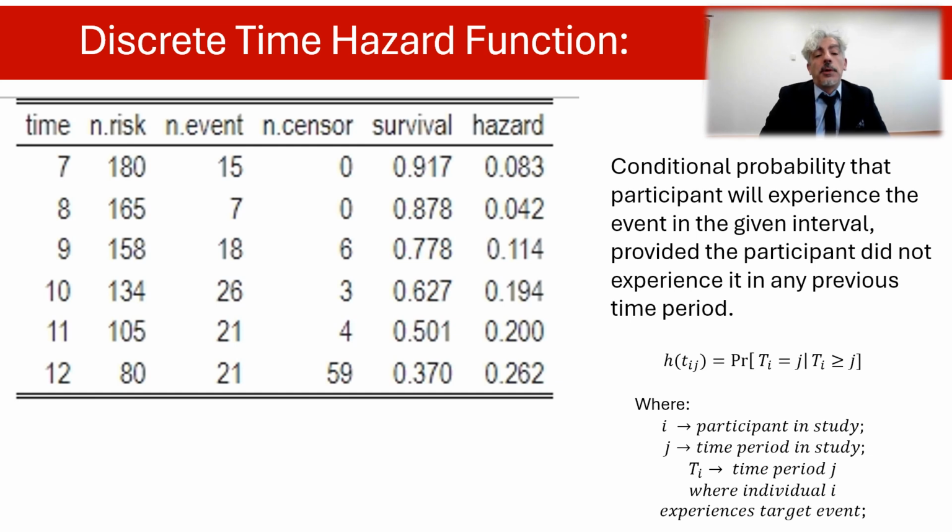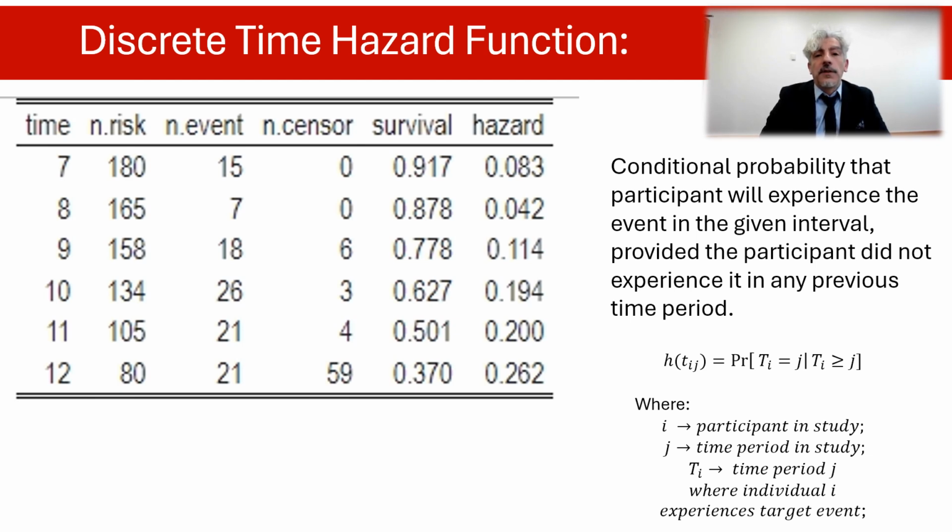Since this probability is conditional on the participant not experiencing the event before the time interval of interest, the hazard function represents the probability of event occurrence among those participants that are still eligible to experience the event in that interval, that is, excluding those that had already experienced the event or have left the study.